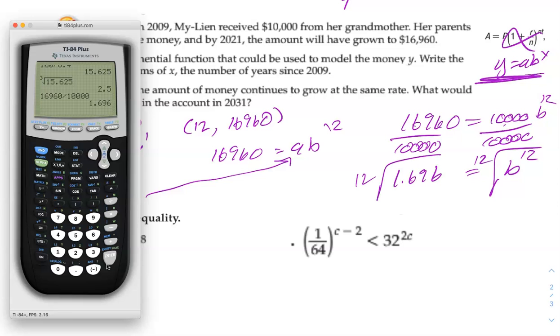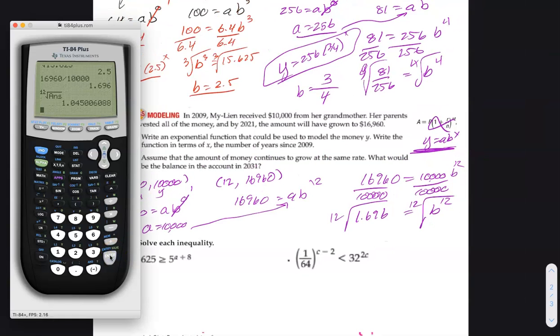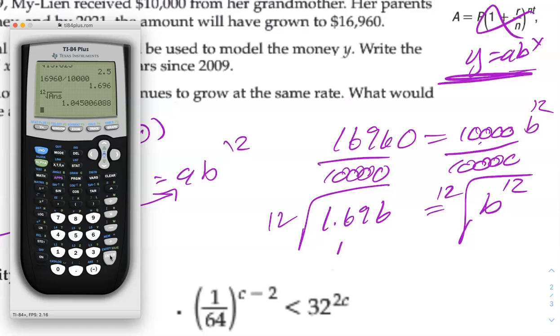So how do you do that on your calculator? Well, if you go to math, there's a button right here that has an x in it. That lets you put any power you want. So I press that, and I just change that to 12. Then I press second answer, and plug that number in. And I get 1.045, which equals b.